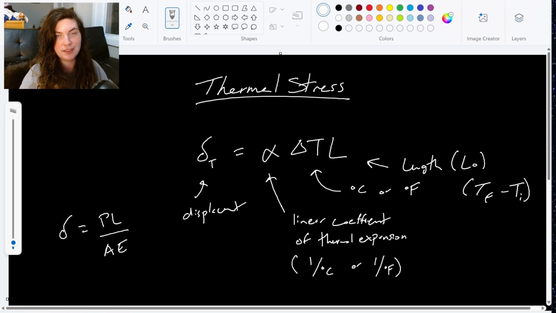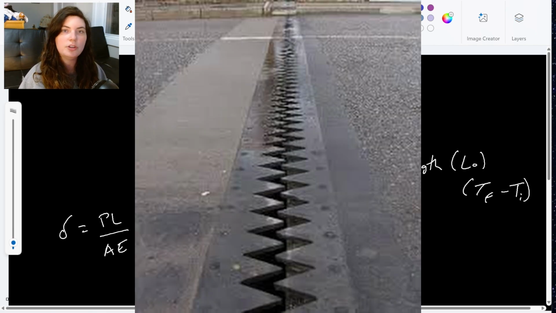It's not just one constant temperature outside. If you want to build a bridge, it's going to have to withstand a lot of different temperatures. So if you've ever noticed as you've been walking over a bridge, you might see these little teeth along the bridge where two sections are coming together. Usually where the bridge is coming together at the end spans where it's connecting into normal road on the ground. And these allow for thermal expansions, right?